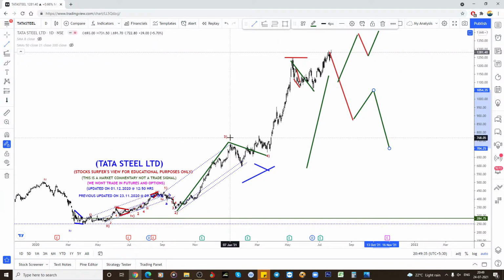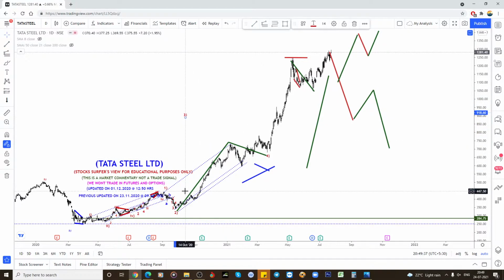So then we have to change again, like what I did in the JSW. The whole thing becomes a wave 1, right? Like that, this could be that wave 1, wave 2, wave 3, wave 4 and wave 5. So here is the end of the third. So the fourth needs to be a bigger correction.